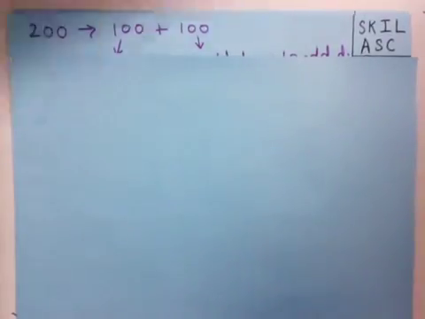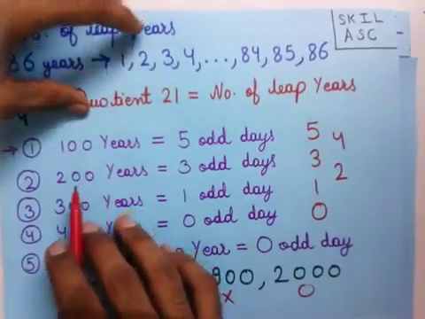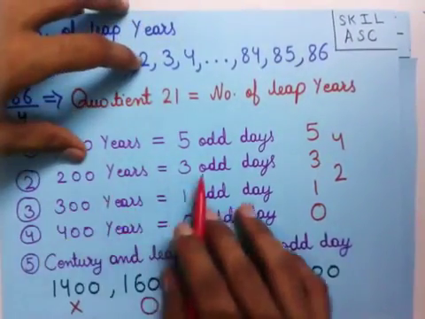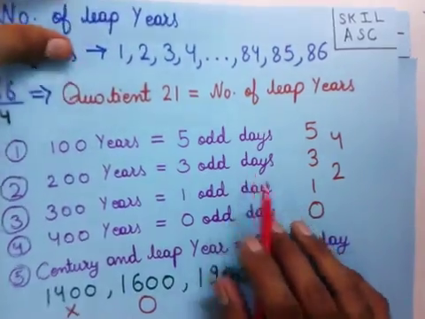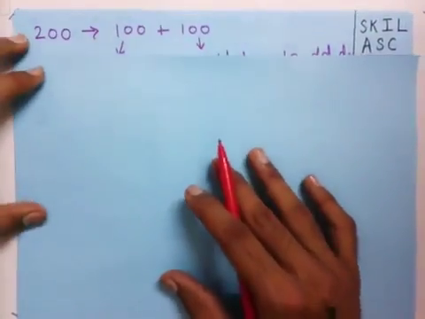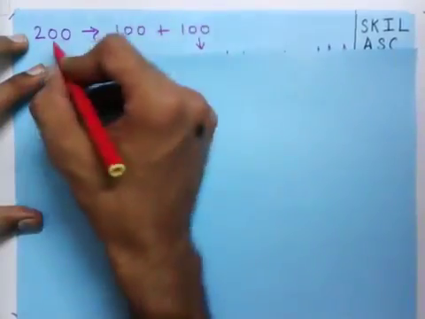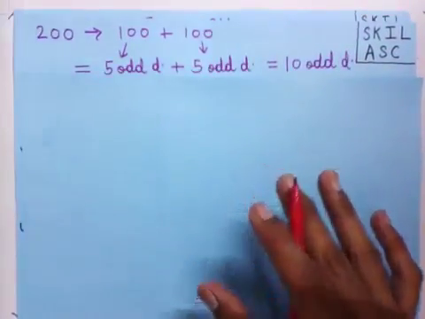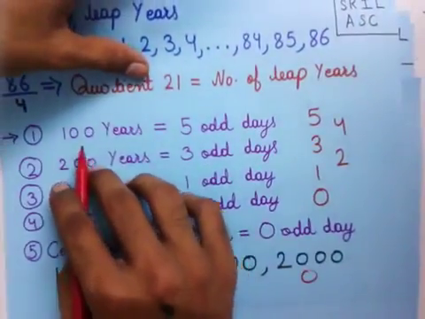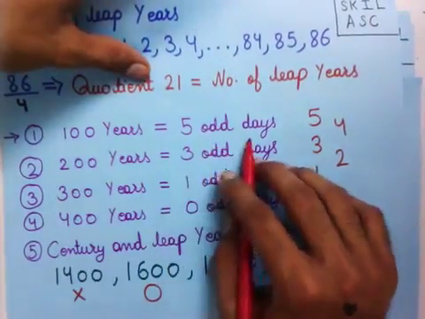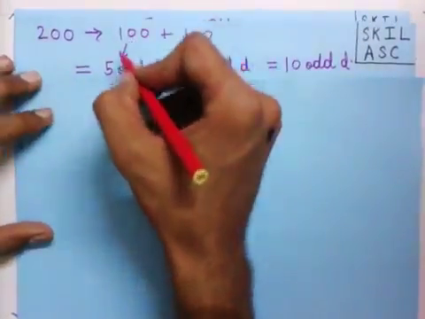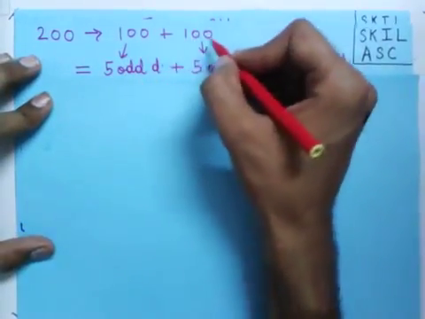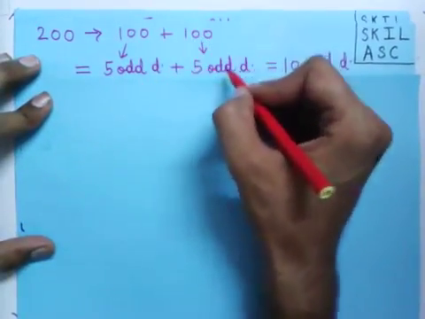Now we will see how we come to know that 200 years have 3 odd days. Suppose we have 200 years. We can write these years as 100 plus 100. We know 100 years have 5 odd days, and these 100 years have 5 odd days.